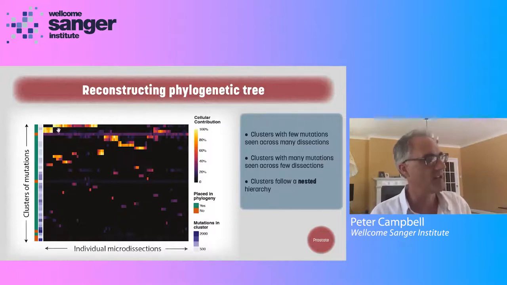So what you can see here is that there are clusters of mutations like this one at the top, which are seen in very many microdissections.